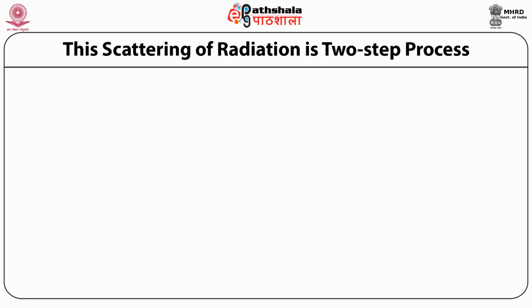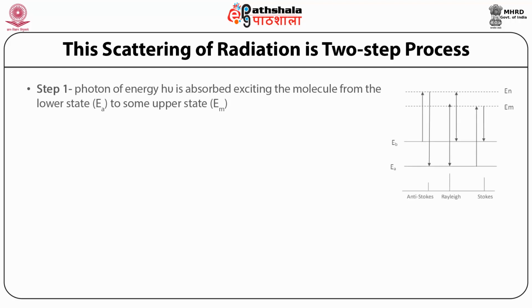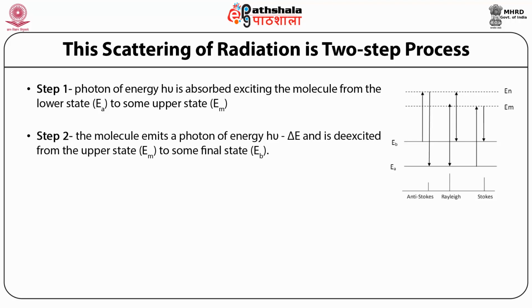This scattering of radiation is a two-step process. Step 1, a photon of energy h nu is absorbed, exciting the molecule from the lower state Ea to some upper state Em. Step 2, the molecule emits a photon of energy h nu minus delta E and is de-excited from the upper state Em to some final state Eb.